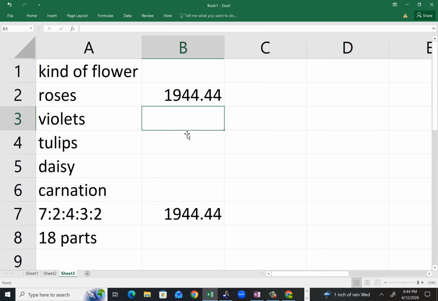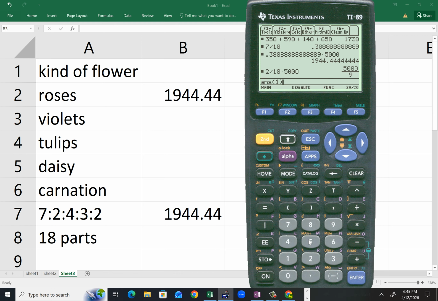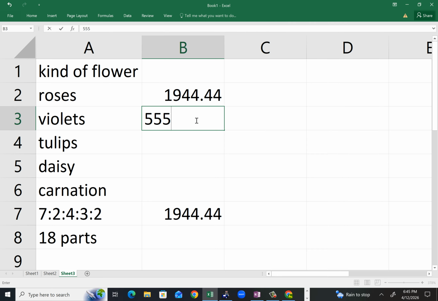Now, for violets and carnations, they are the same. So what does that mean? It's going to be 2 divided by 18, which is 1/9, times 5,000. And we get 555.55.